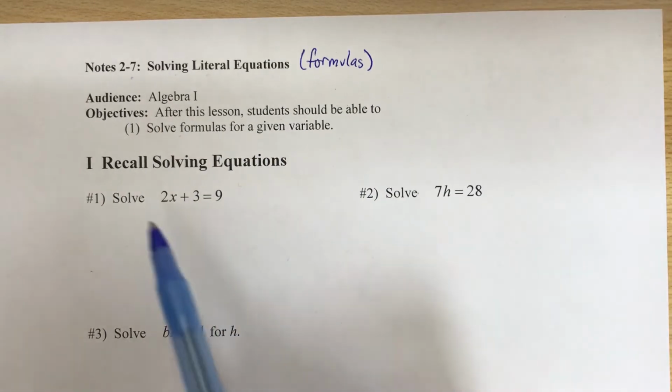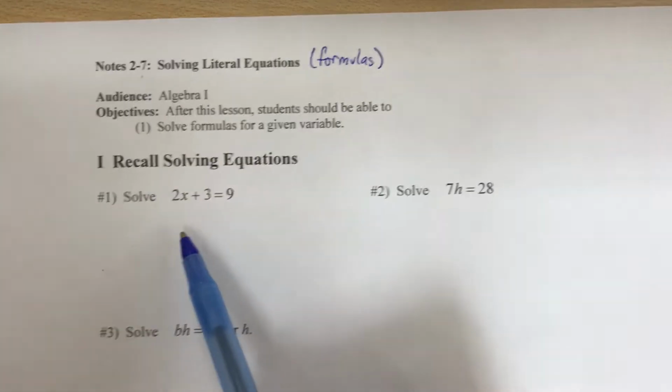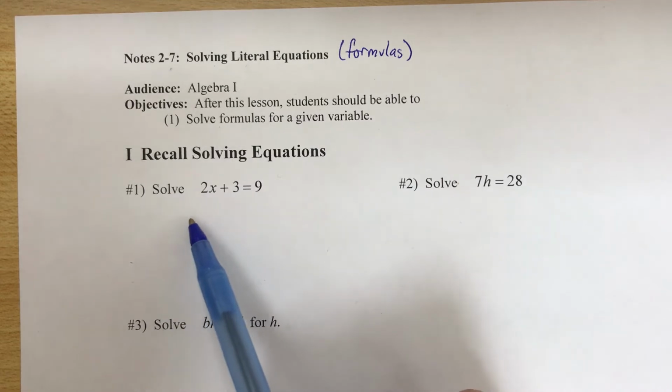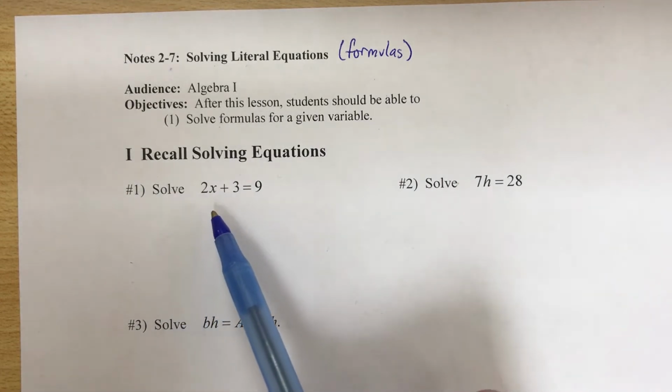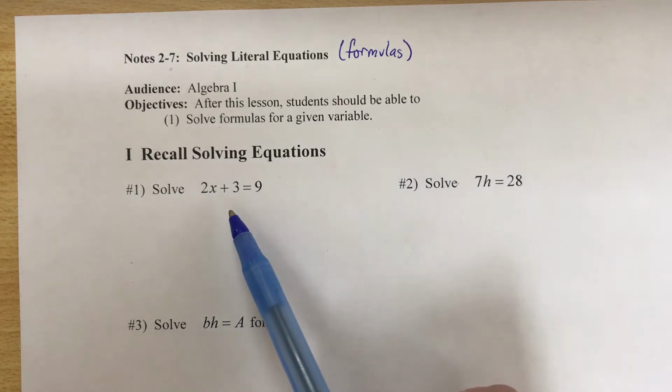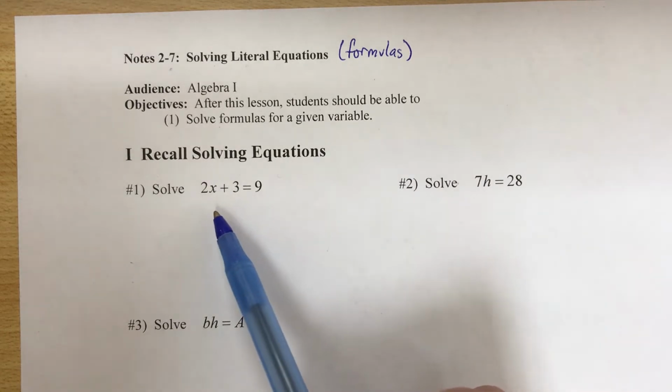Okay. So recall solving equations here. One of the things when I get confused by word problems or lots of variables, I like to go back to examples with numbers, or maybe just one variable.